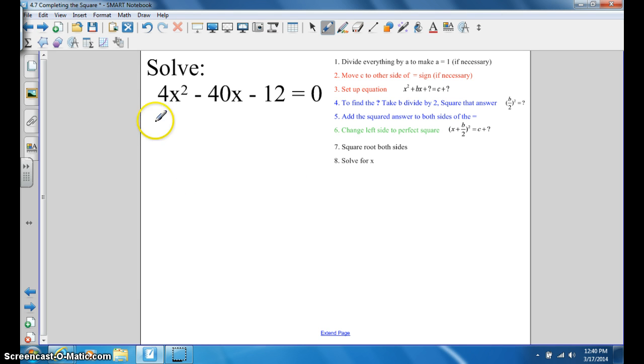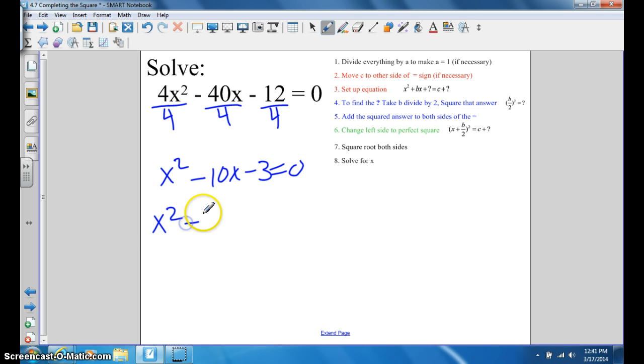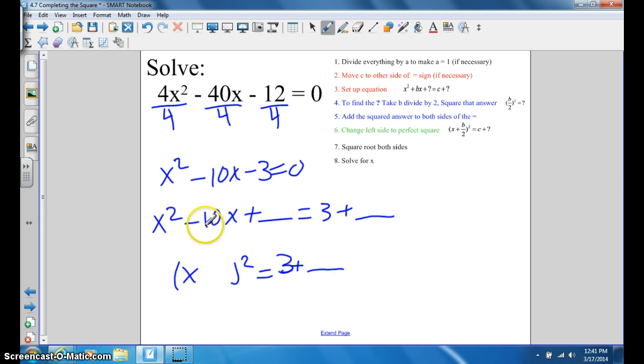For this example here, once again, you divide by 4. So we get x squared minus 10x minus 3 equals 0. So x squared minus 10x plus something equals 3 plus something. And then we can set up our next step too. So half of negative 10 is negative 5. Negative 5 squared is 25.